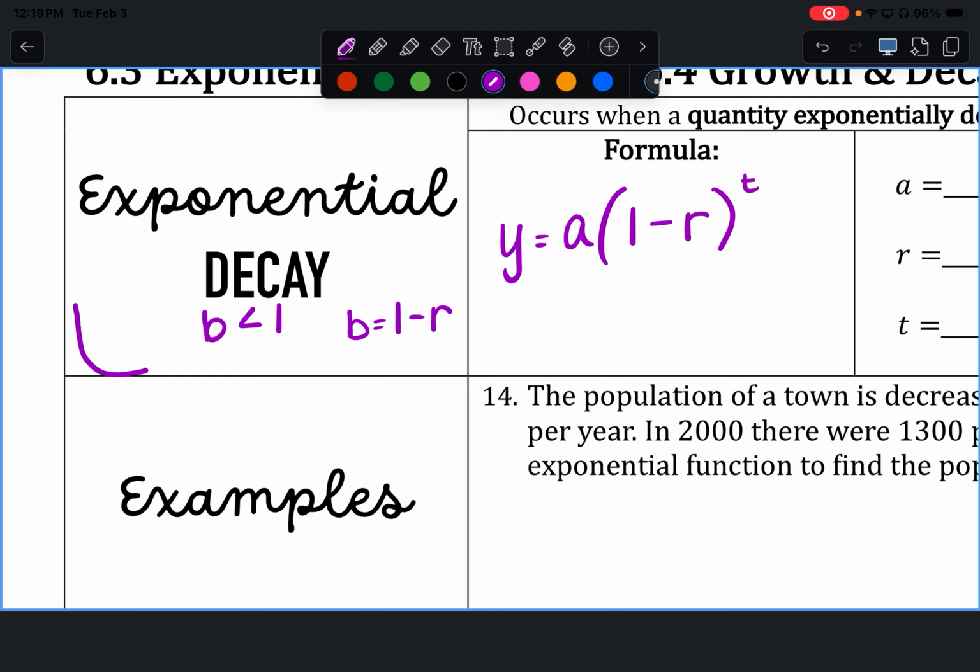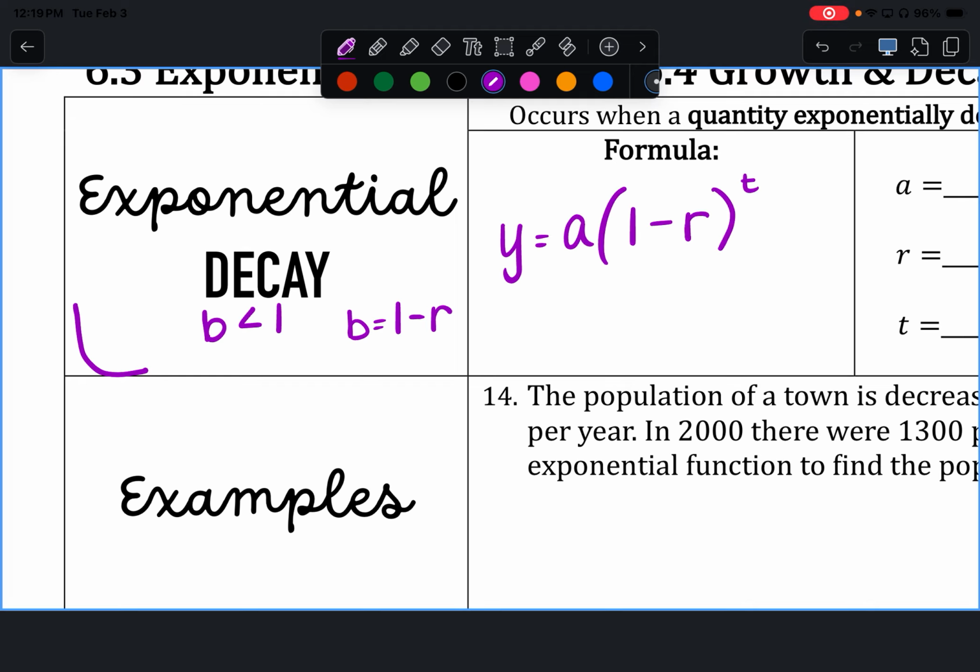So first, what is our initial value? Okay, what is our rate? 0.01. And what is our time? 8 years. It won't always give us the exact number. Sometimes we have to find it. The difference between 2000 and 2008 is 8 years. Then we just set it up.